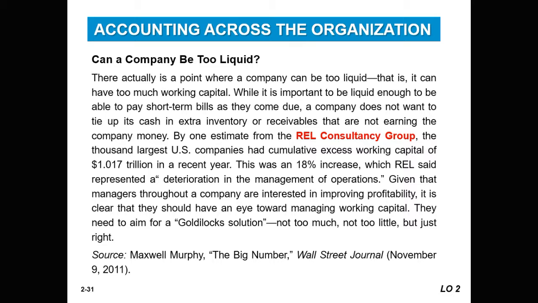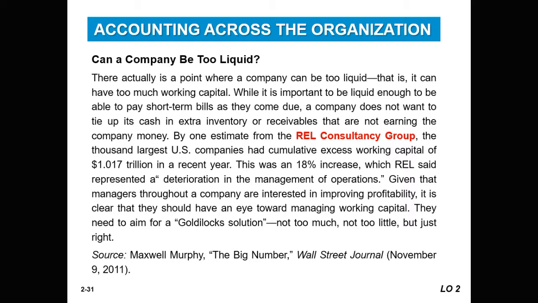Your book has this particular little article within it that says, can a company be too liquid? And it is actually very true. There is a well-known situation with Apple, everybody knows who Apple is, iPhones, iPads, computers, Apple TV, you name it, where Apple was actually admonished for being too liquid, and it resulted in some special dividends being distributed to their stockholders.